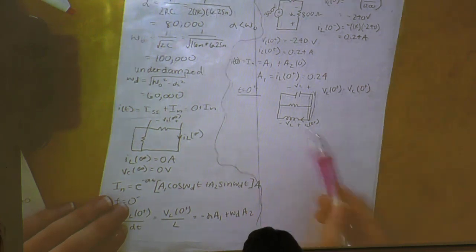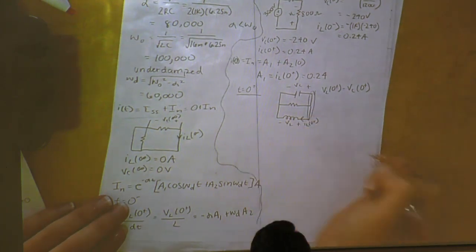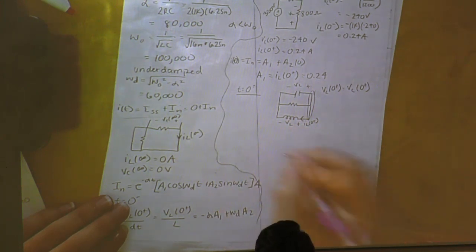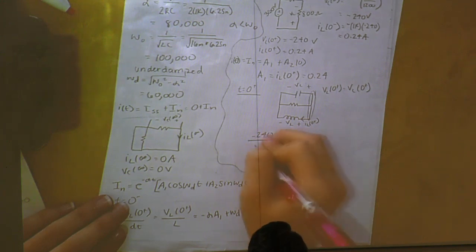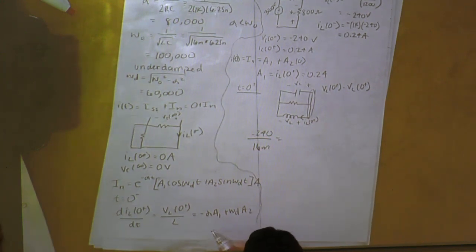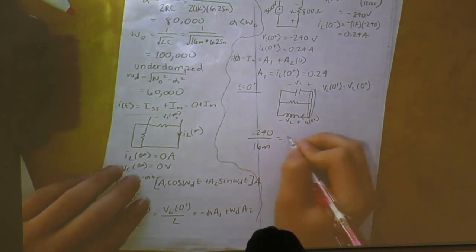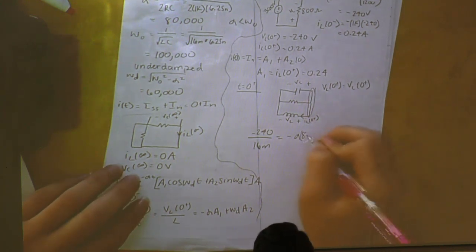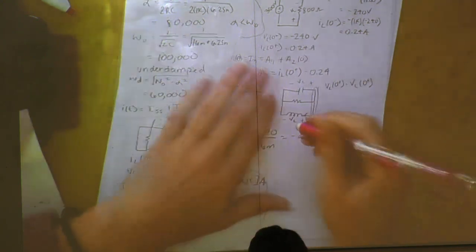Our L is just our inductor, so 16 millihenries, negative 240, yeah. 16 mil equals our, which is, what am I doing?